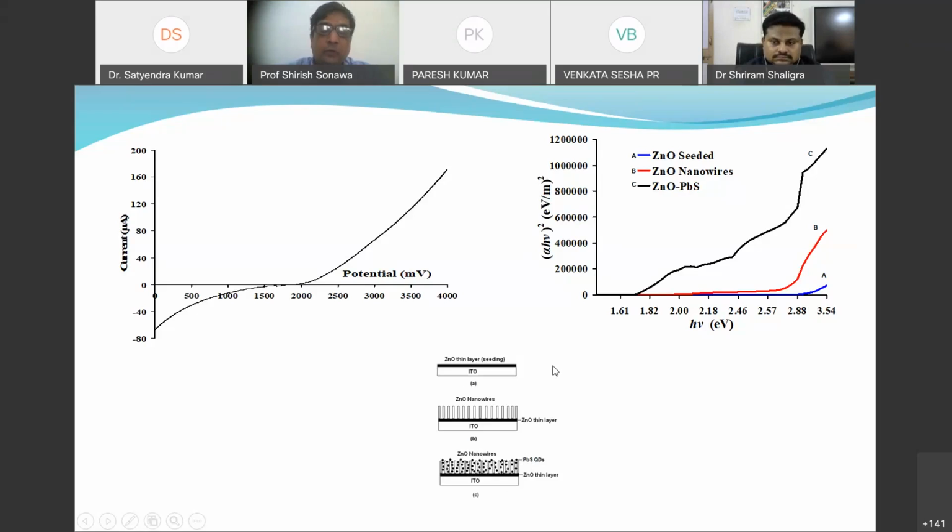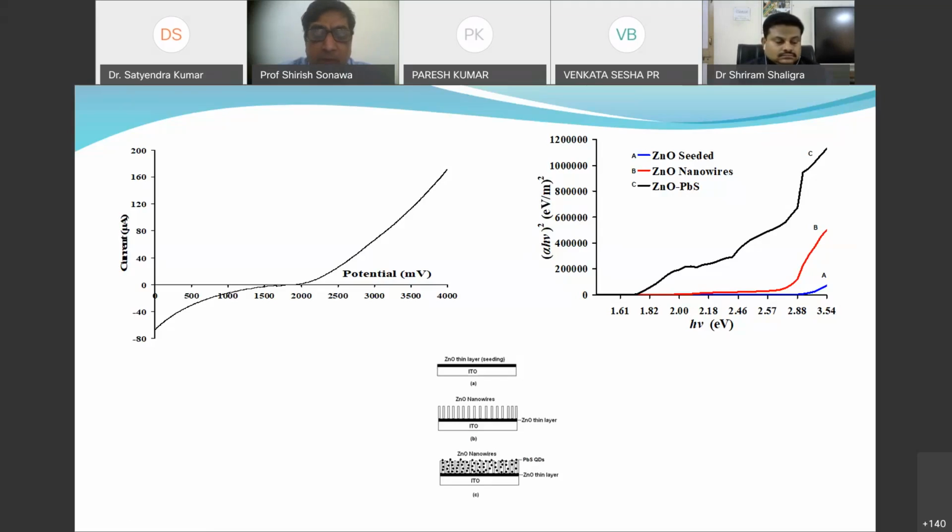Earlier, the methodology people usually adopted was the SILAR methodology, which is based on deposition using a seeding methodology. It has the limitation that you cannot get a particular morphology. For example, the desired morphology here is nanorods. In the case of SILAR, we cannot get the nanorod formation when you change the liquid concentrations and the surface tensions.